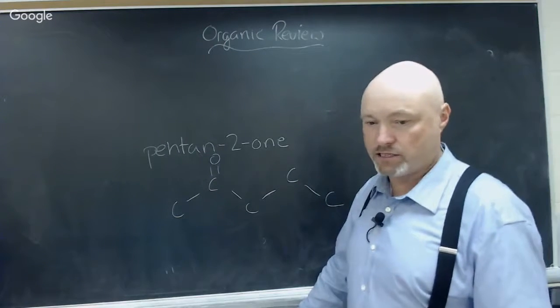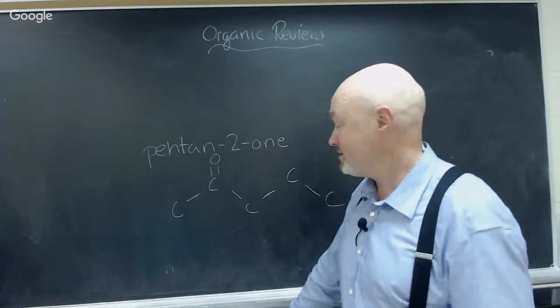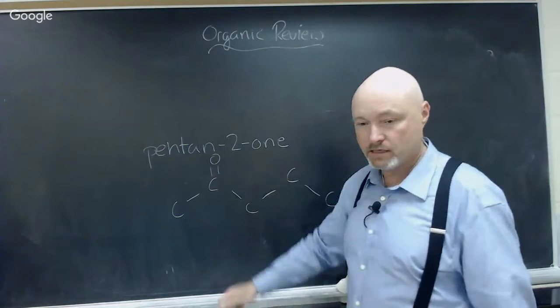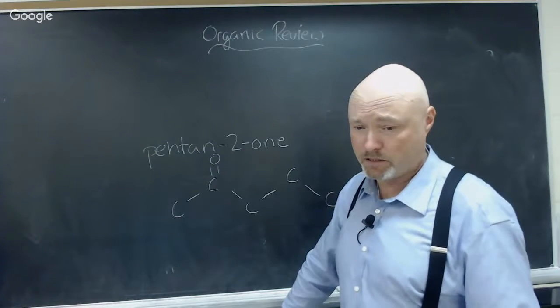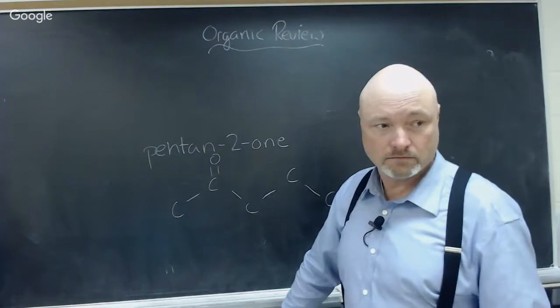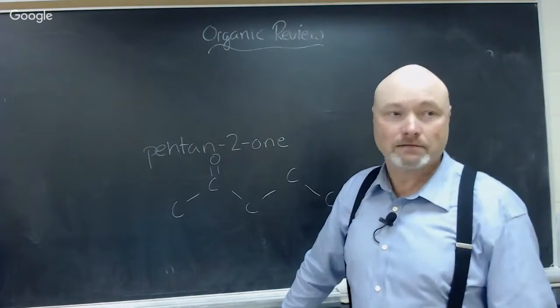Yeah, that's right. Looks just like an aldehyde, but the double bonded oxygen is in the middle of the chain somewhere. And so we have to specify exactly what carbon it goes on.